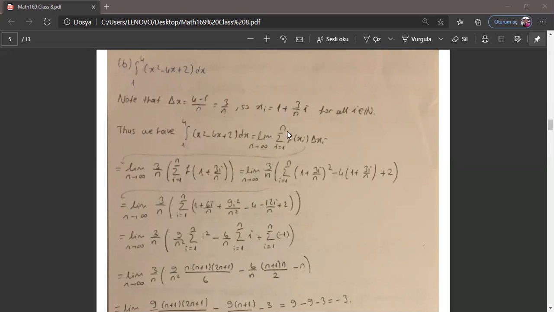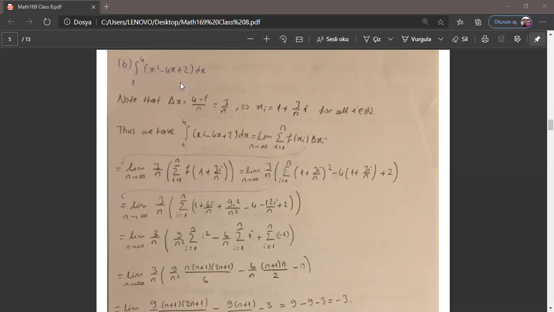Okay. Now what do we do? We use the formal definition again. And into the f, we write 1 plus 3i over n, as x_i is that. Now, again, we write delta x outside of the sum, but not outside of the limit, okay, as we have here n. So what do we have?